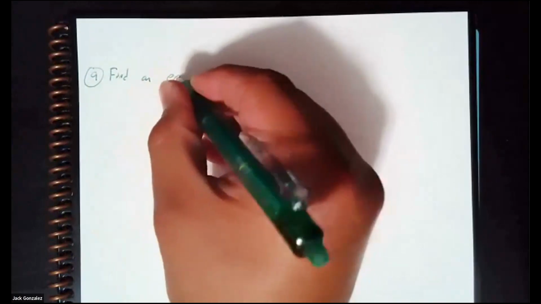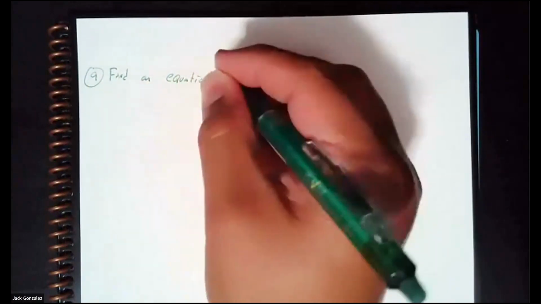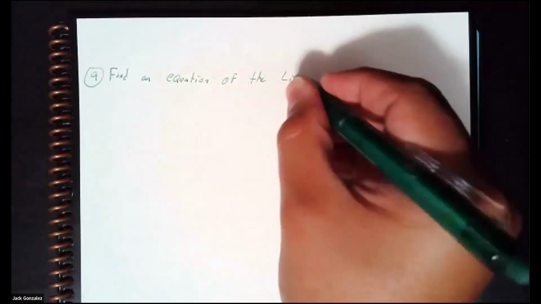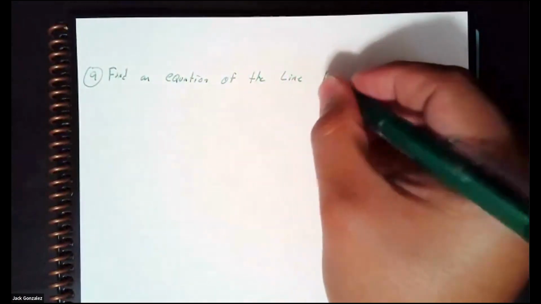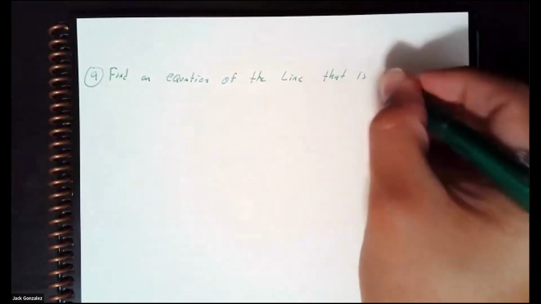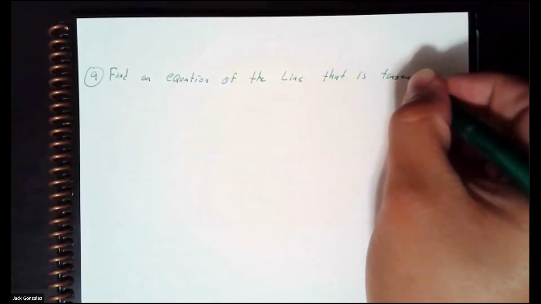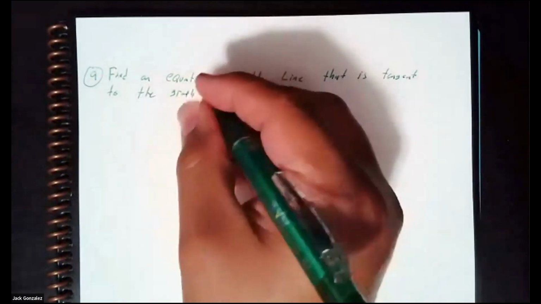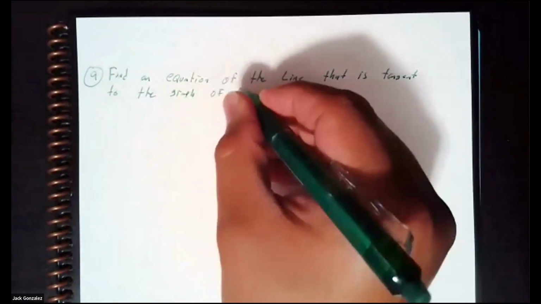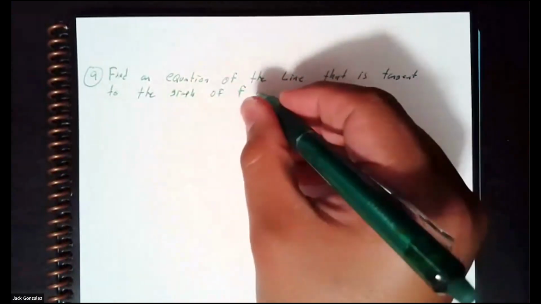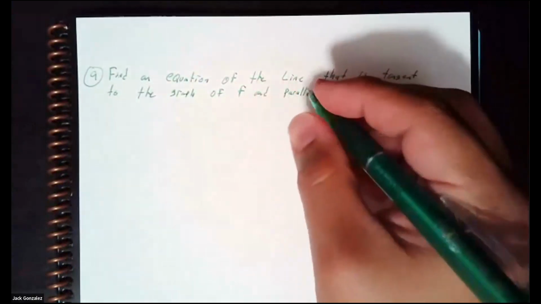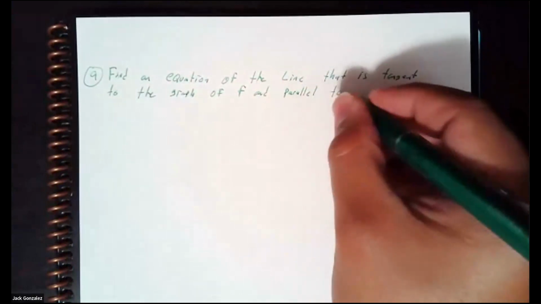Find an equation of the line that is tangent to the graph of f and parallel to the given line.